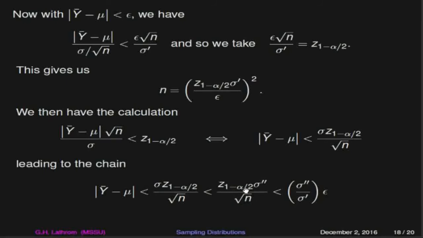So we have this expression, and if we substitute in the expression that we had for n, we get this extra factor showing up. Our error is not going to be less than epsilon anymore. Our error is going to be less than epsilon times the ratio of sigma double prime over sigma prime, so the ratio of our estimates, our upper bound over our lower bound for sigma.